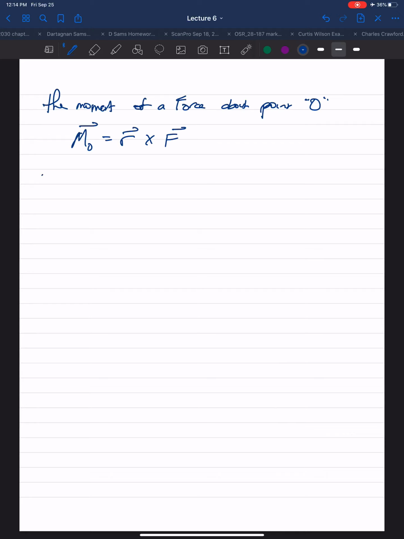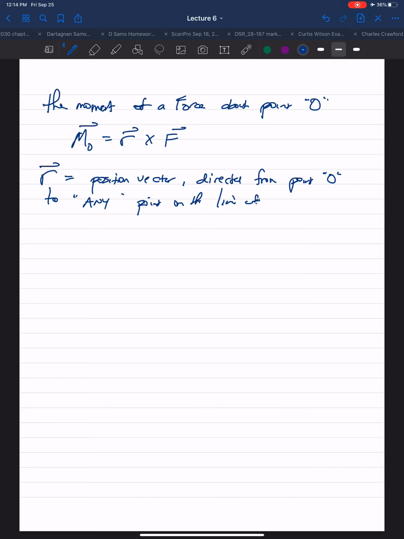So let's define r, as we said previously, as a position vector. In this case, it's directed from point O, which is the point the force is causing a rotation about, to any point on the line of action of the force F.